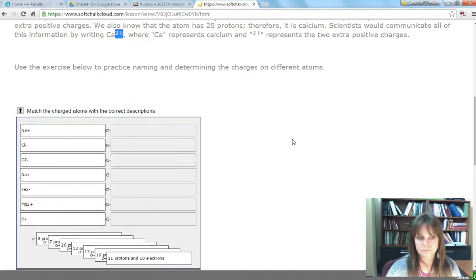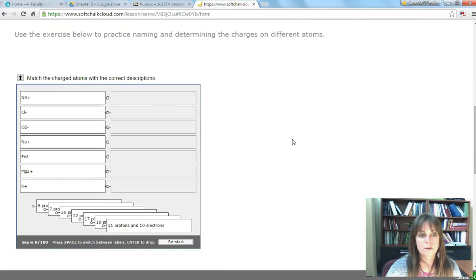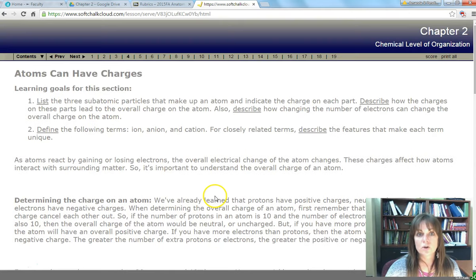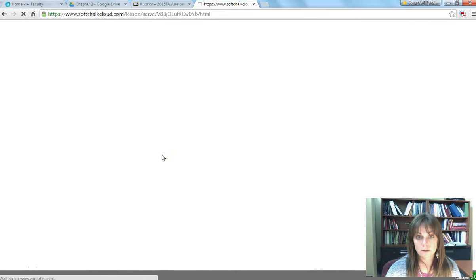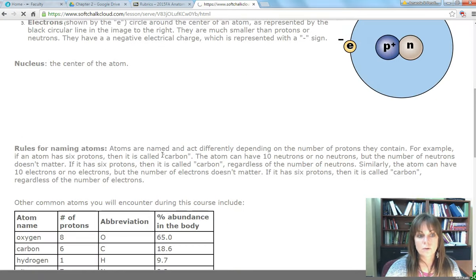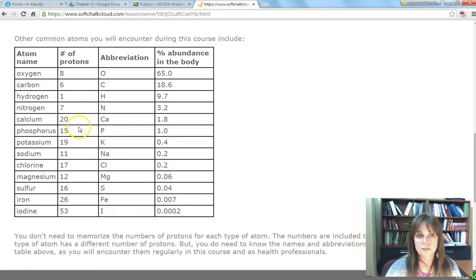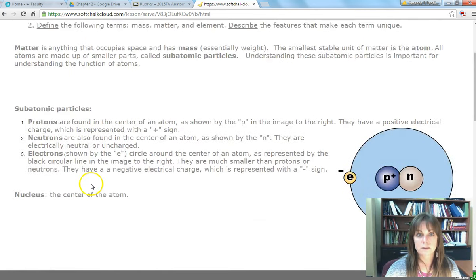Okay. All right, so this is a situation here where you can use your chart back on page 2 to let you know what the atom is. Remember, it's based on the number of protons.